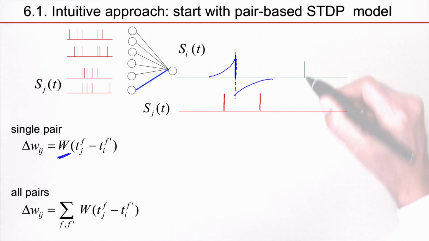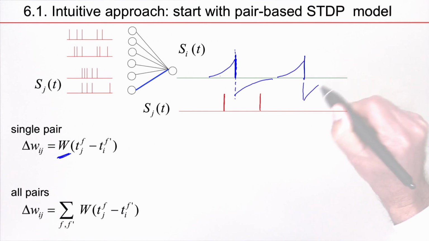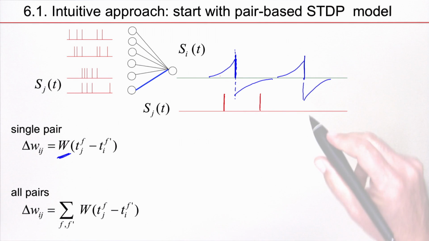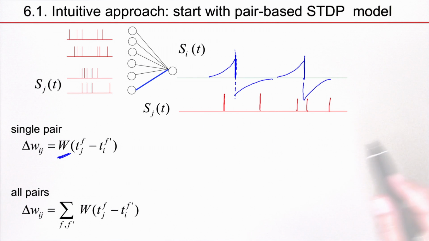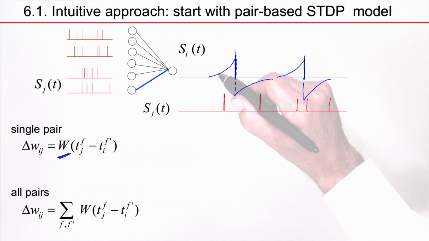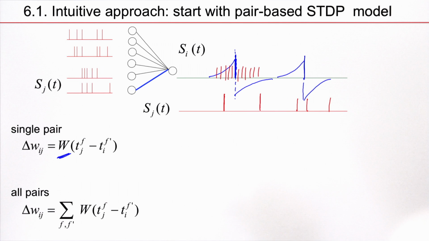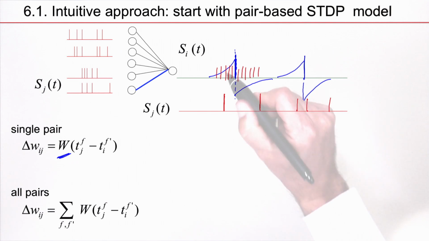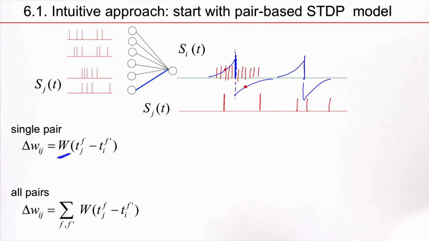To illustrate this, let's look at the next spike, and again I would have a window centered around the next spike, and there might be other spikes, and this time the spike falls here, and maybe there are 2 other spikes falling here and there. So you see intuitively that over many different spikes on the presynaptic side and many postsynaptic spikes, spikes can fall at any arbitrary location of the learning window. And this means sometimes the weight goes up, and sometimes it goes down.